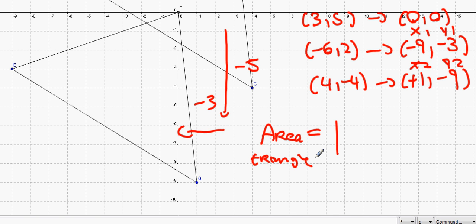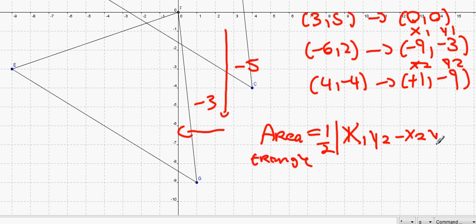It's going to be the area of a triangle. It starts at page 17. It's actually on page 18, and it's going to be a half the value of x1, y2 minus x2, y1.